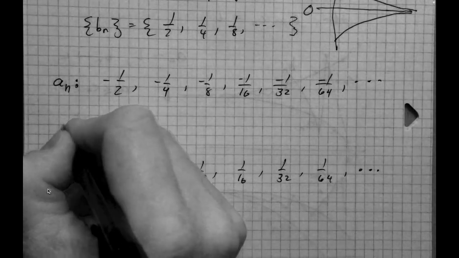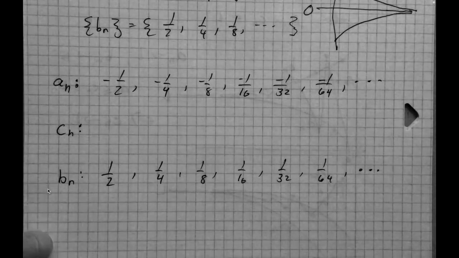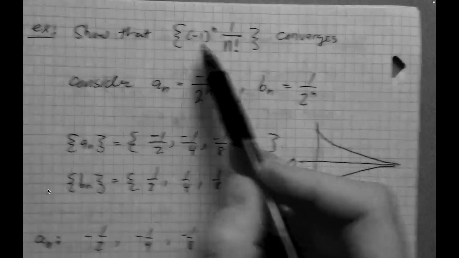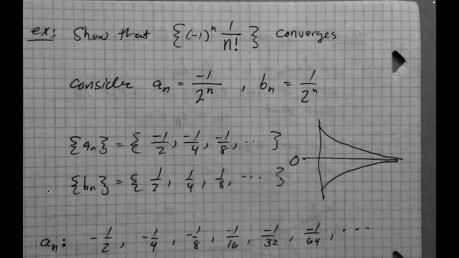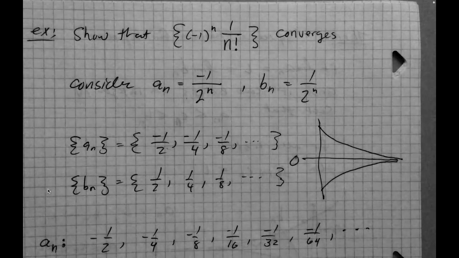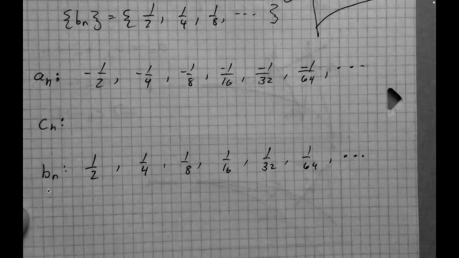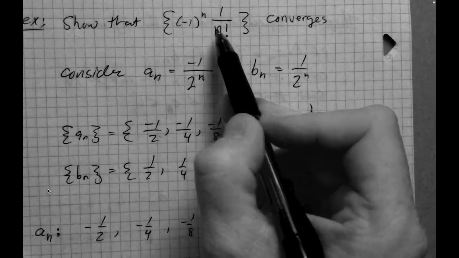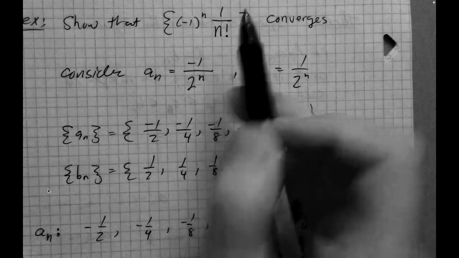And then let's look at c of n. What is c of n in the middle here? Well, c of n is going to be positive or negative depending on n. When n is 1, it's negative. When n is 2, it's positive. So it oscillates. Let's see what this looks like. The first term would be negative 1 times 1 over 1 factorial.